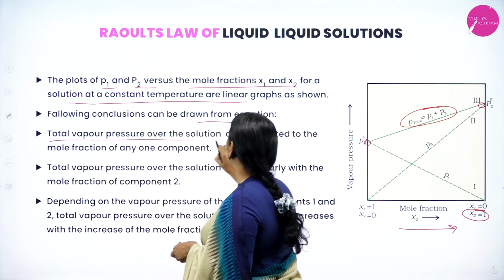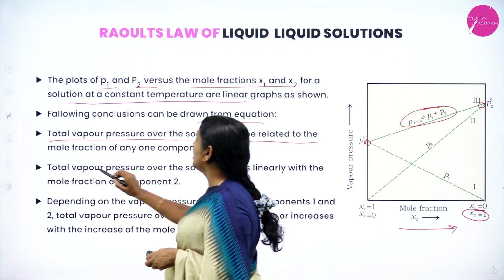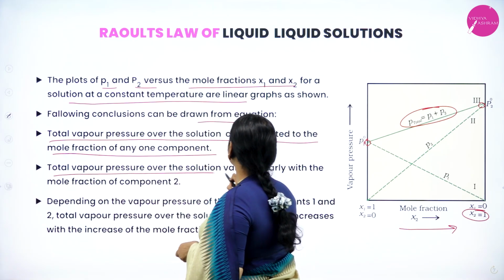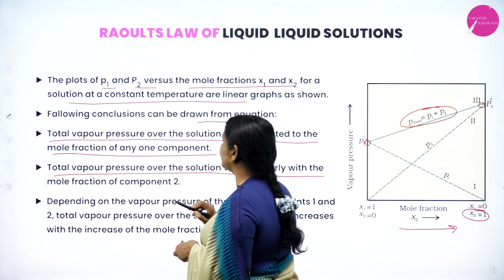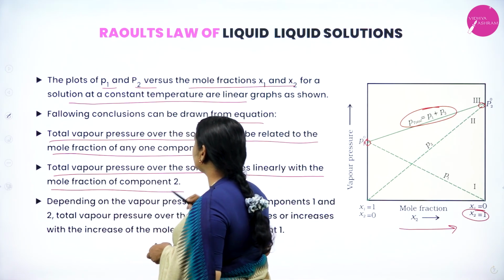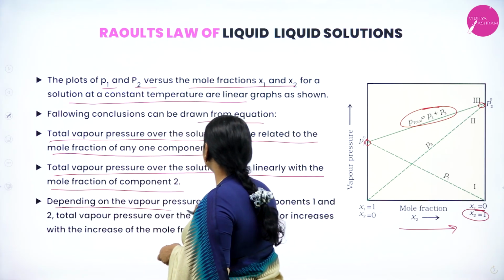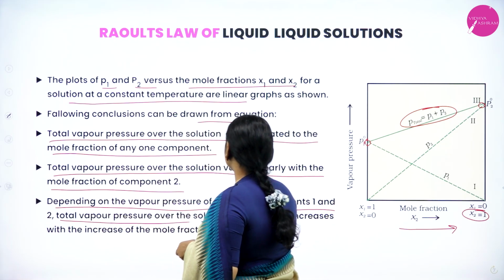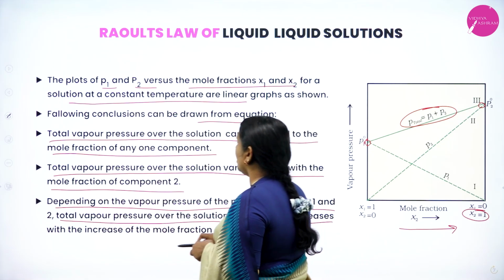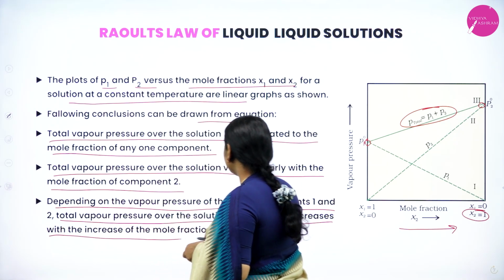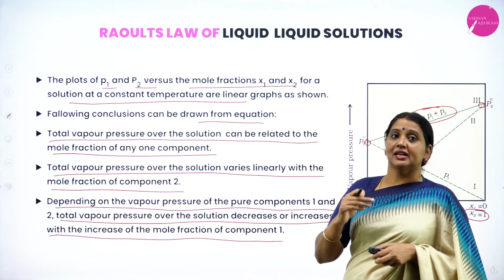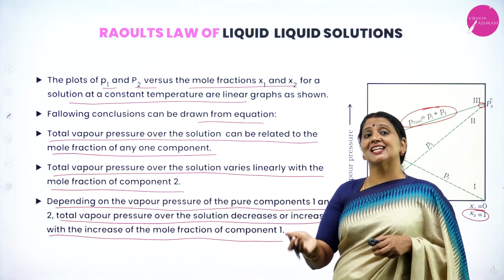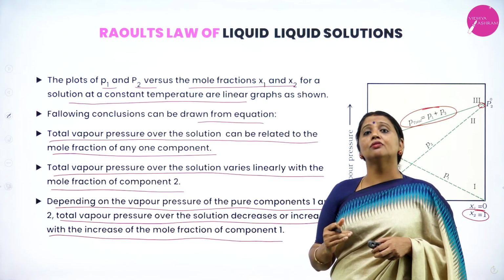The following conclusions can be drawn from the equation. The total vapor pressure over the solution can be related to the mole fraction of any one component. The total vapor pressure varies linearly with the mole fraction of component 2. Depending on the vapor pressures of pure components 1 and 2, the total vapor pressure over the solution increases or decreases with the increase in mole fraction.